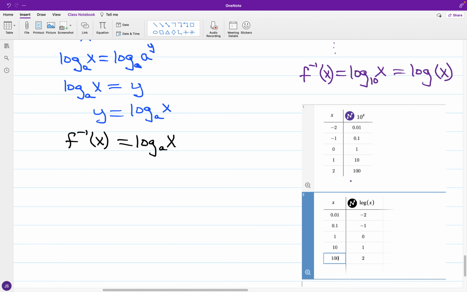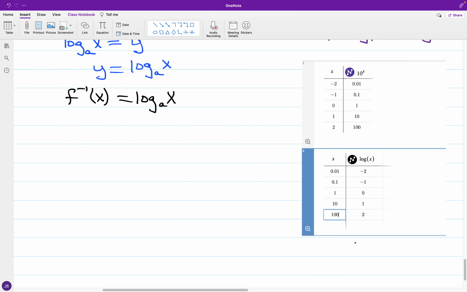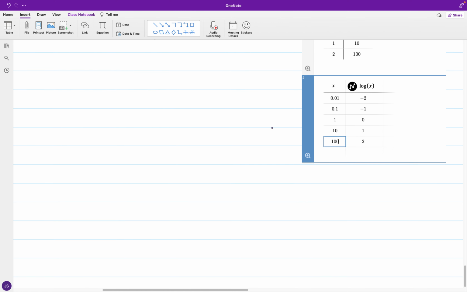But if I go the other way, you have with x and now y equal to the base 10 logarithm of x. Once again, you have interchanging x and y values. So we have going from 0.01, negative 2, in contrast to where we have at the end 100, 2. And again, a logarithm is going to be the inverse of an exponential function.